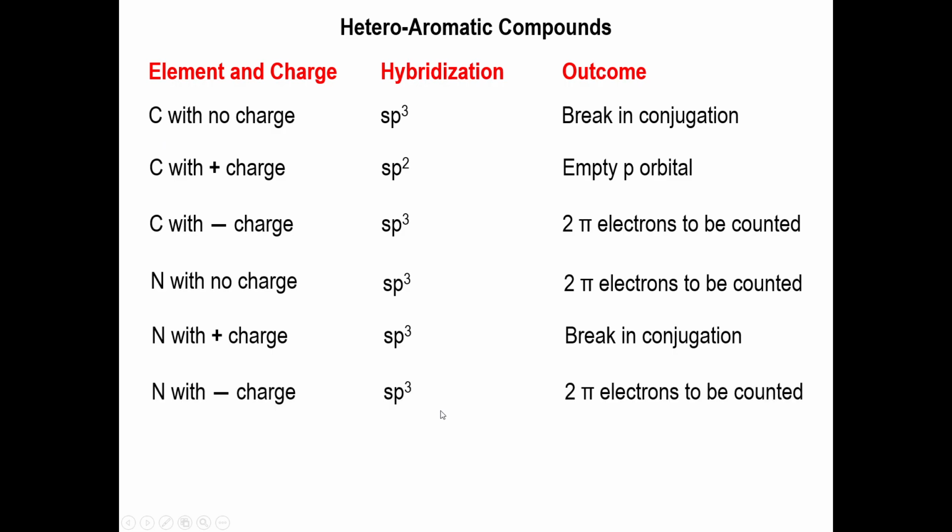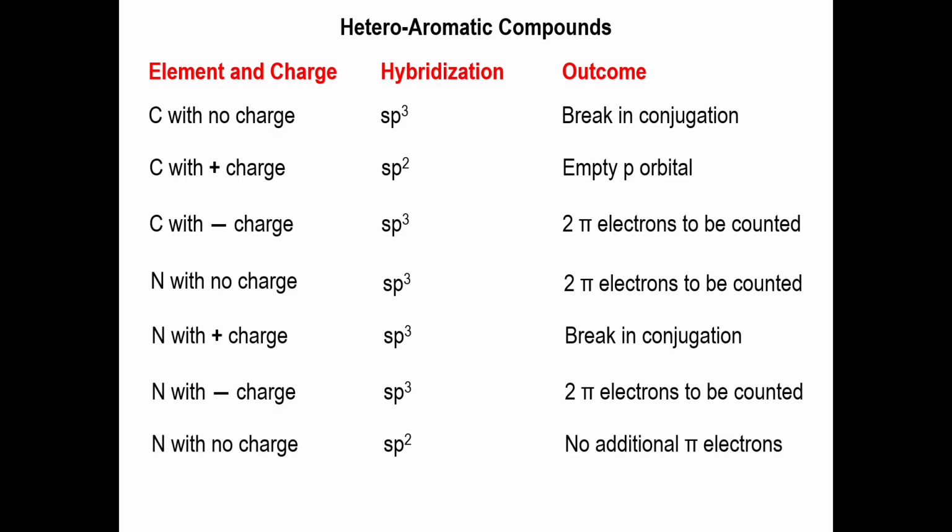If the nitrogen has a negative charge, then that means that you have 2 lone pairs on nitrogen. It will still be sp3 hybridized, but only one out of the 2 lone pairs will contribute to the pi system count. So 2 pi electrons are counted in that situation. And one thing to be also very keen about is that so far everything here, nitrogen has been sp3 hybridized, but you could also have a nitrogen that is sp2 hybridized, meaning that the nitrogen is part of a double bond.